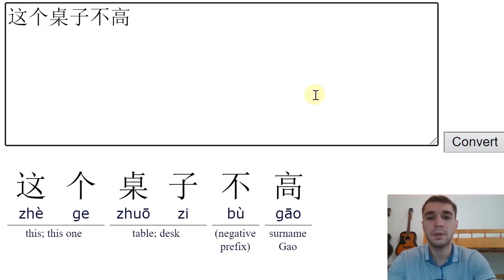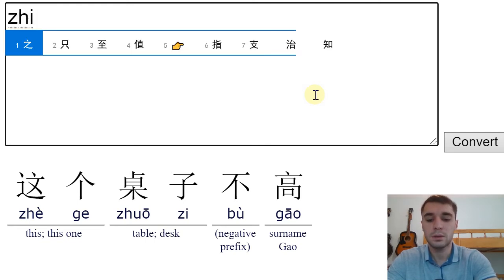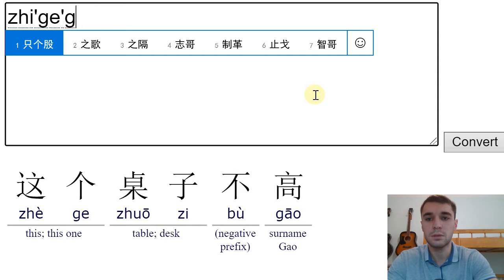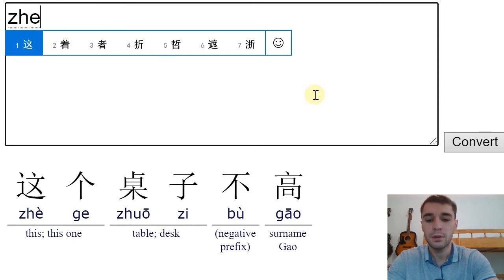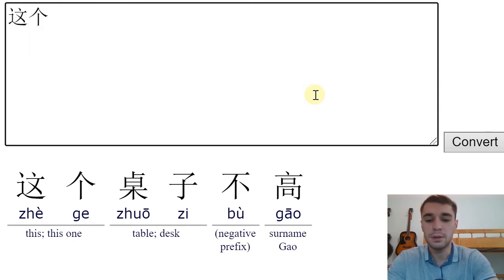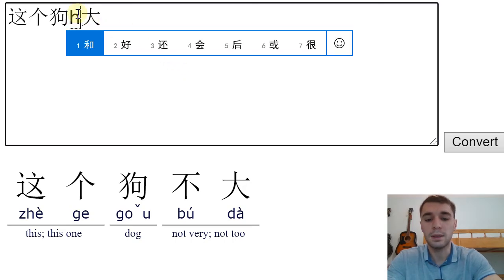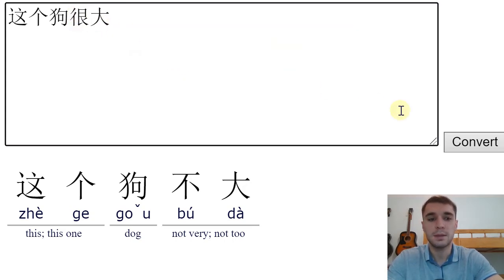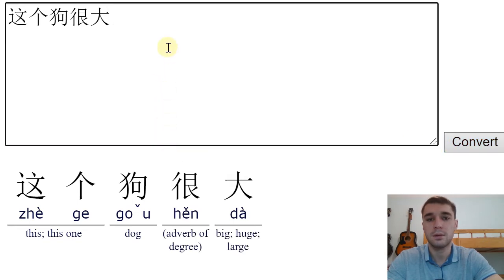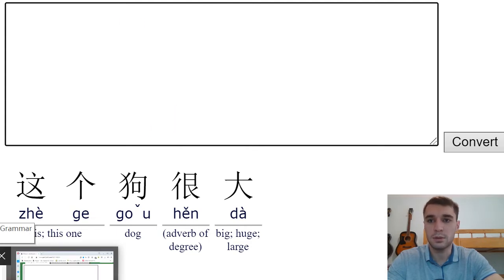Now say for me, please, that the dog is not big. 这个狗, this dog, 不大. How to say this dog is big? 这个狗很大. Okay. You are so great. Let's continue and learn some other structures.